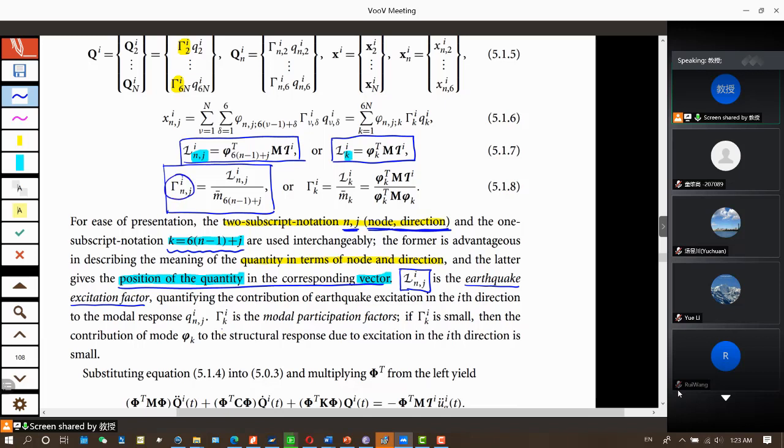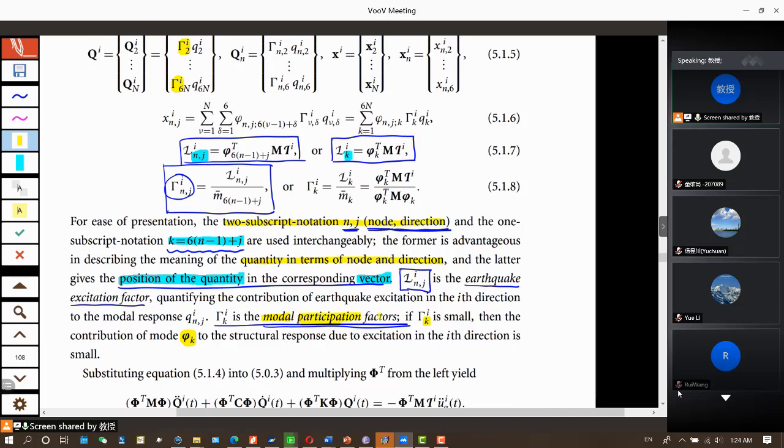So that's the modal participation factor. It tells how much the mode participates in the response. This value is very useful.